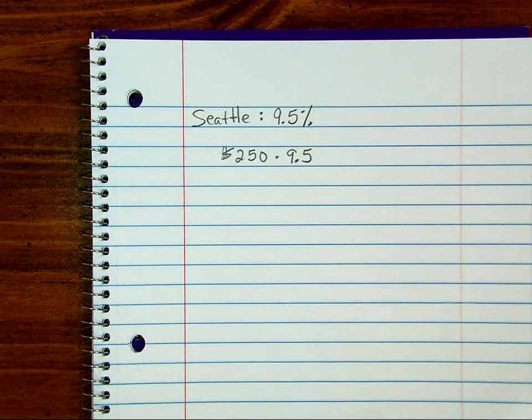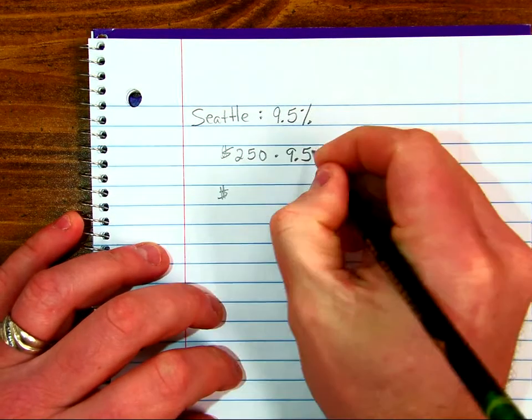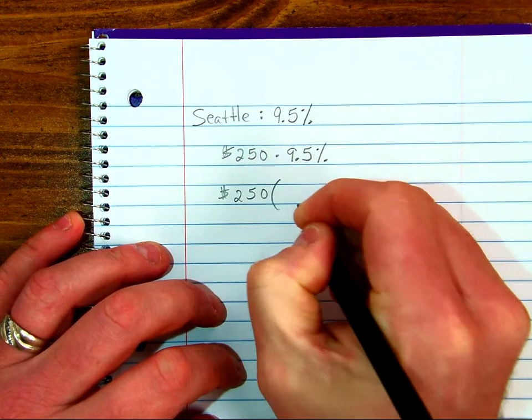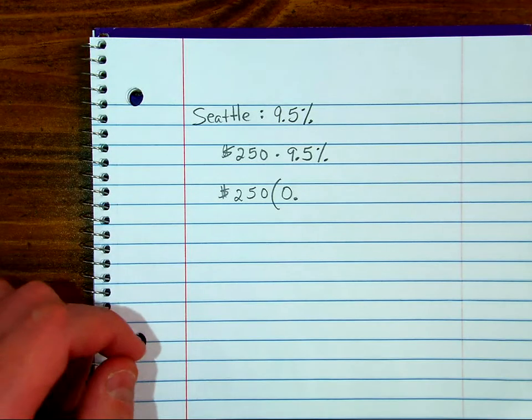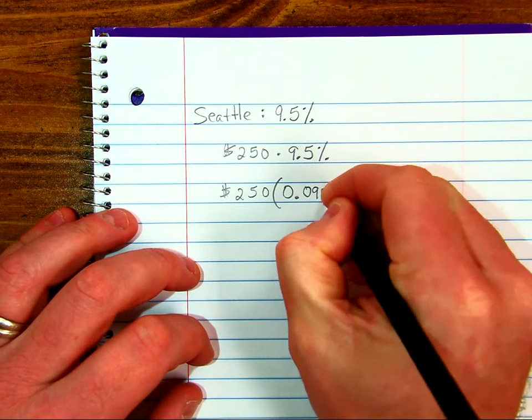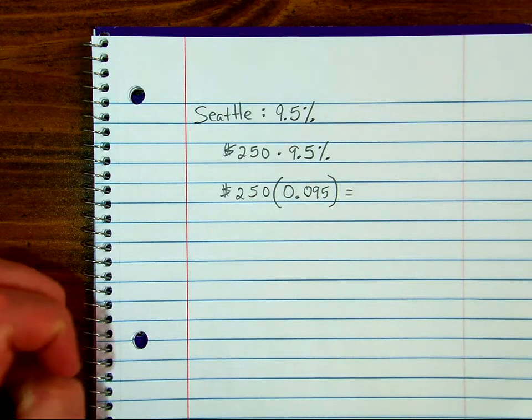Nick Mitchell, how did you write 9.5% as a decimal? 0.095. Very good. So what is the sales tax on a $250 hoverboard in Seattle, Washington, Shane?